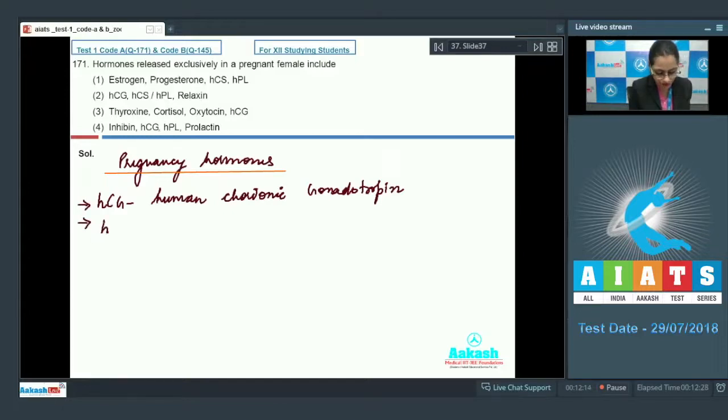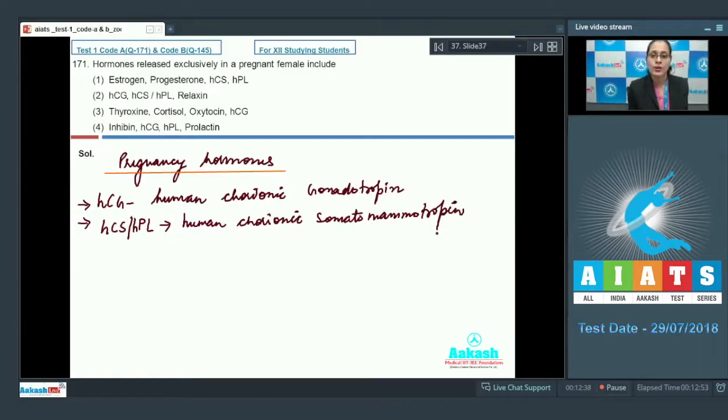Then we have HCS or HPL, that is human chorionic somatomammotropin.